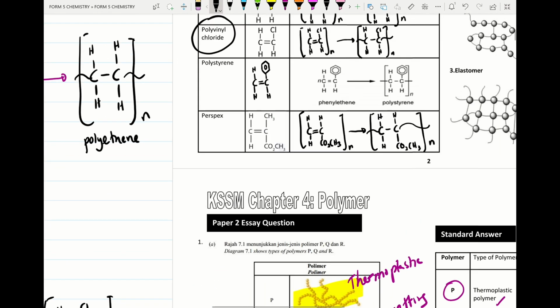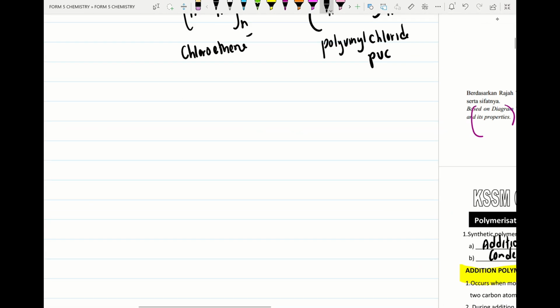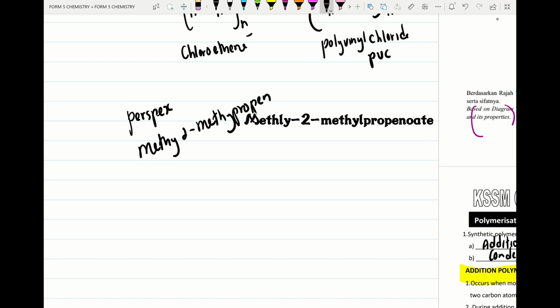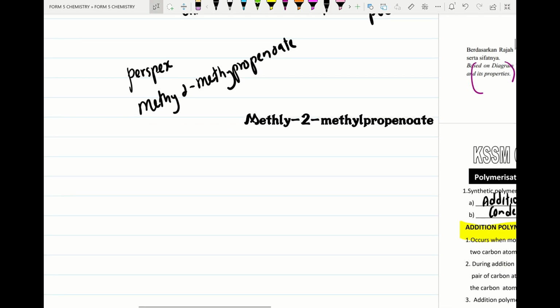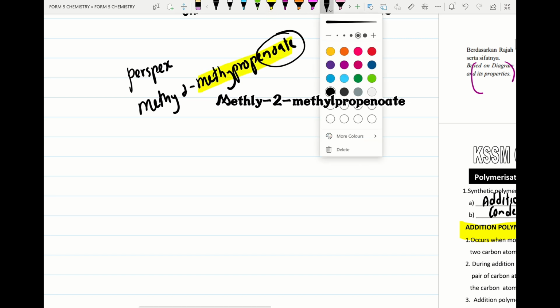And we try to check how to do the equation for the Perspex. The monomer name of Perspex. Okay, Perspex is made from methyl 2-methyl propanoate. Alright, I try to draw the structural formula of this monomer. I try to start with this one, methyl propanoate. This is known as an ester compound. It has a C double bond.